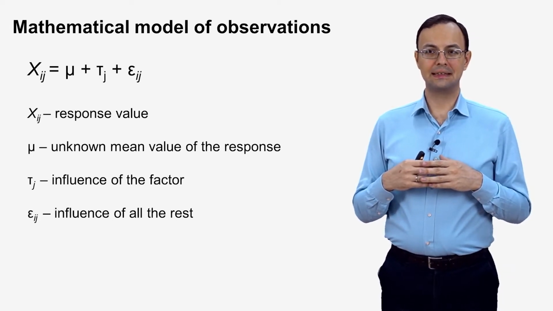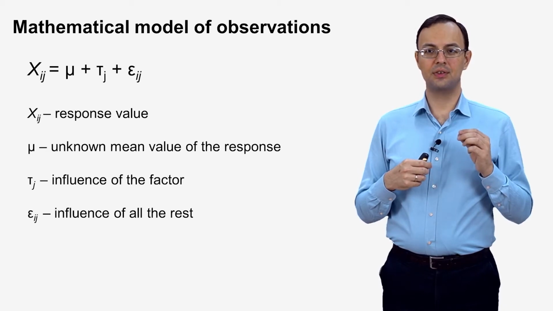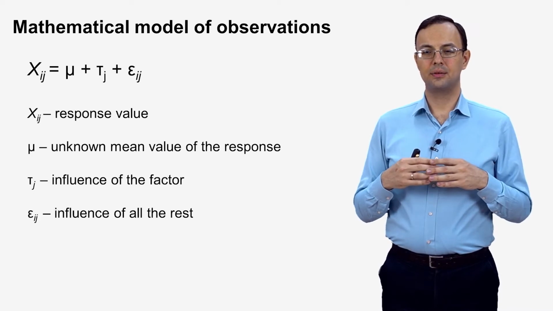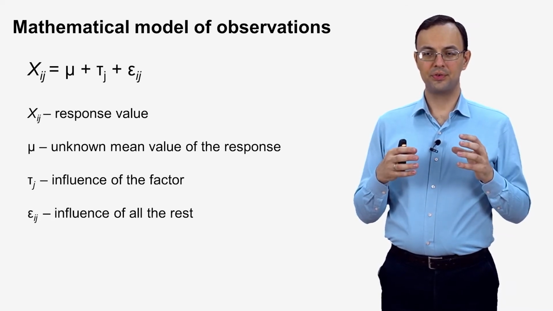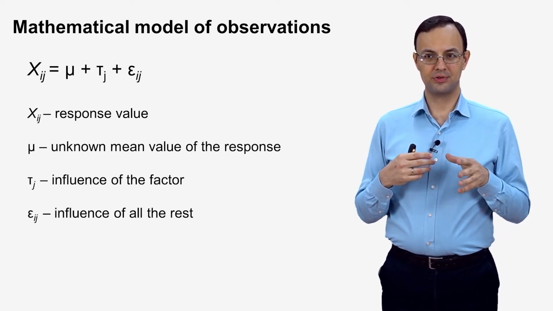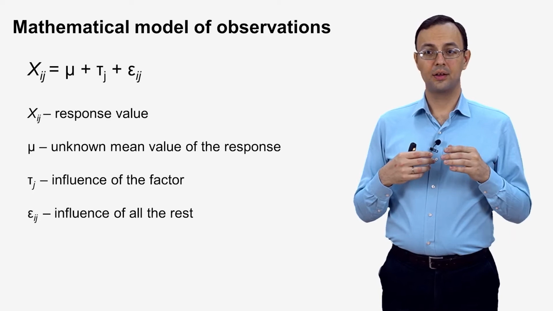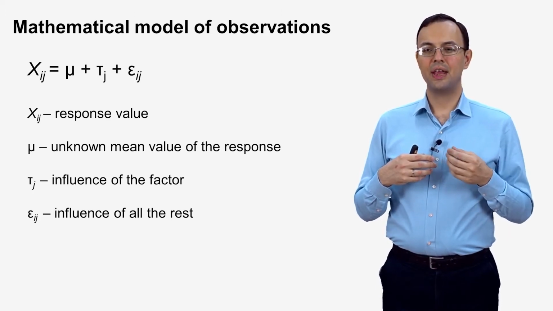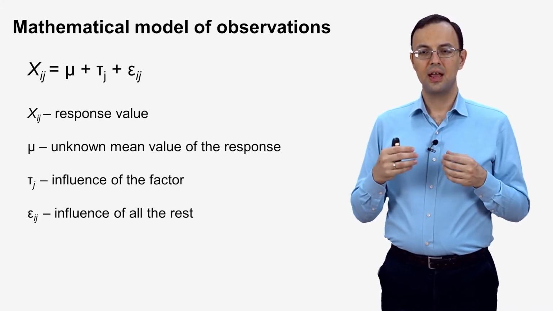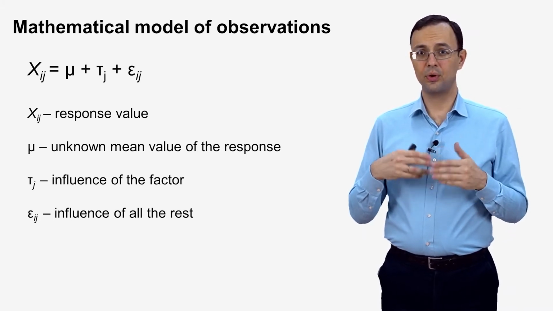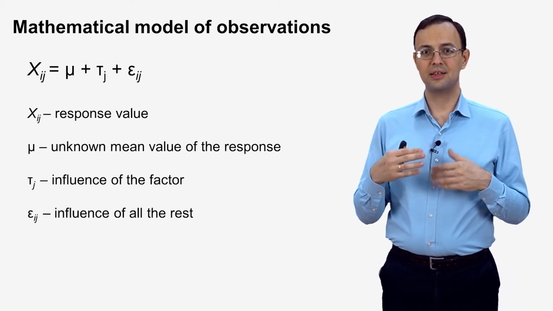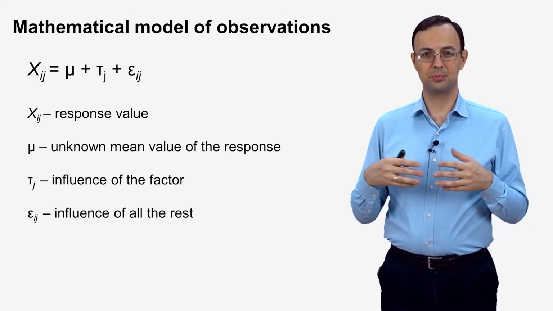So we assume that the response value we are measuring is a sum of three values. The first one is mean value of the response, that is unknown. Then to this mean value, influence of the factor is added, and then influence of all the rest, of all other factors that affect the response, besides the factor we are interested in.